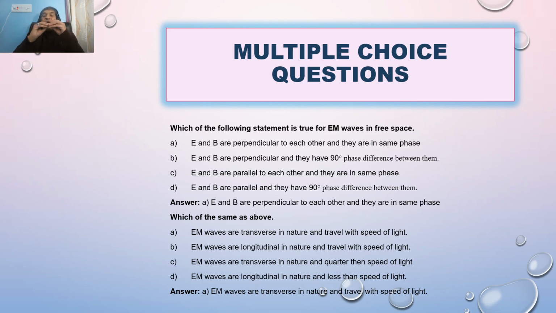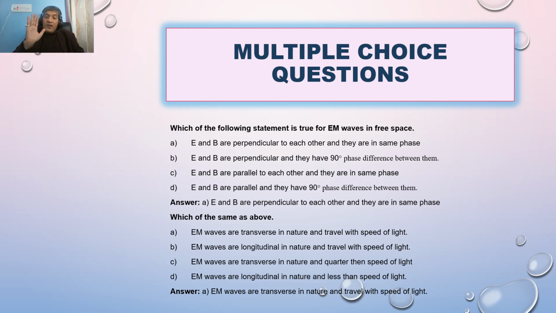But if we make some changes in the question, like which statement is true for an electromagnetic wave in a conducting medium, then electromagnetic waves are transverse in nature inside the conductor, but they don't travel with the speed of light. They travel with a speed which is less than the speed of light, and we find it by the relation v equal to c by n, where n is the refractive index of that particular conductive medium.